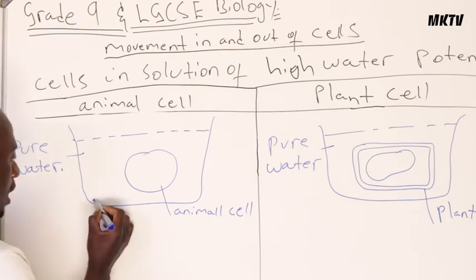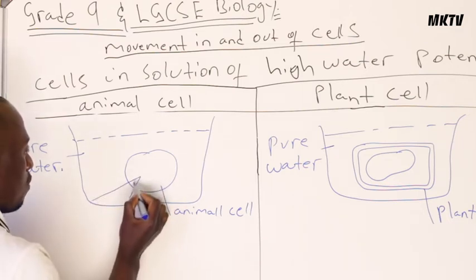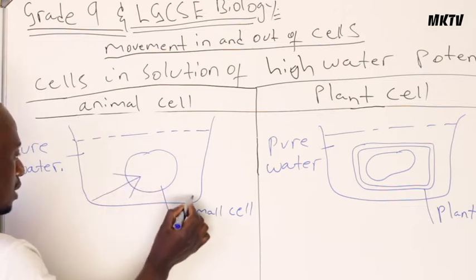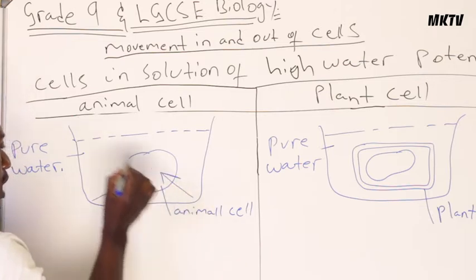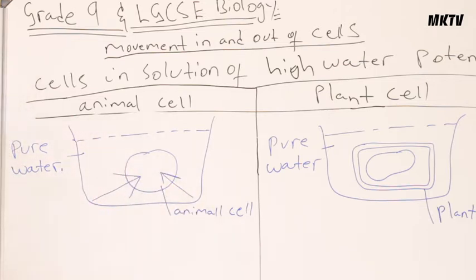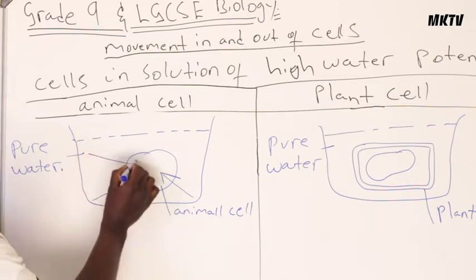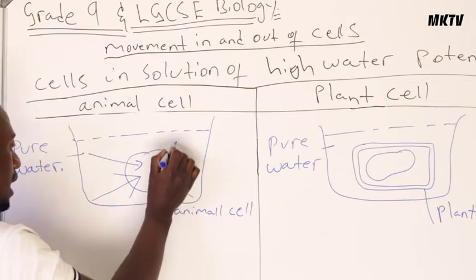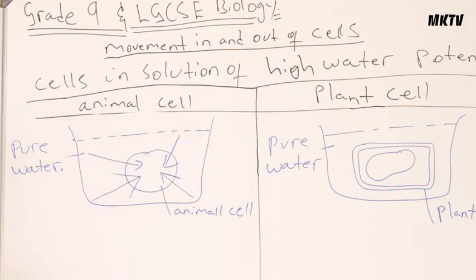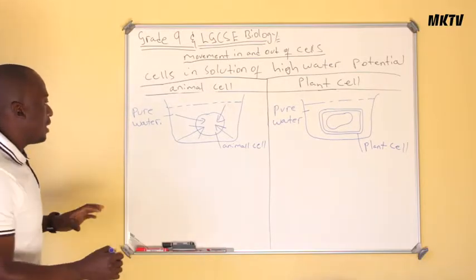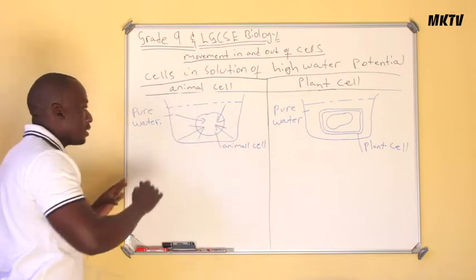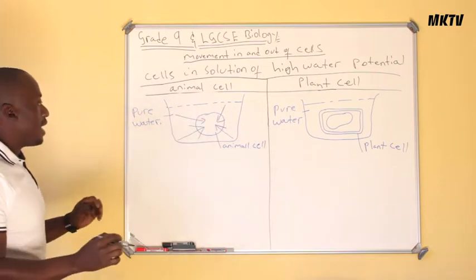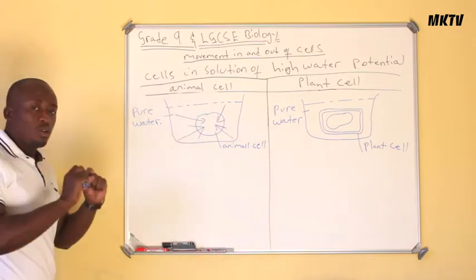So this is what is going to happen now. The pure water is going to move inside an animal cell. More and more water is going to move inside the animal cell until the cell expands, and at the end of the day, the cell is going to burst.